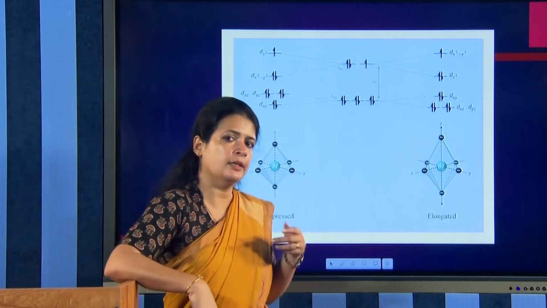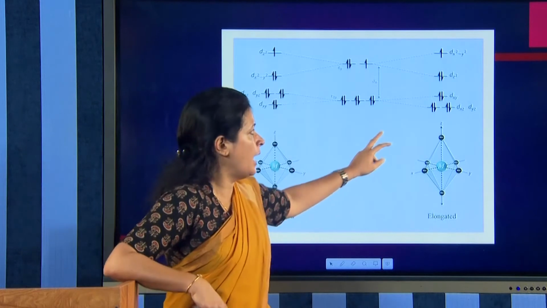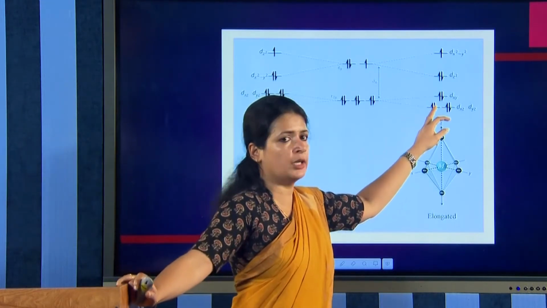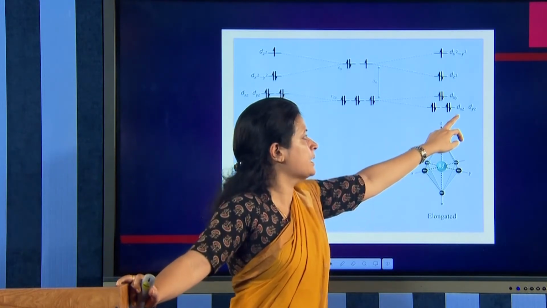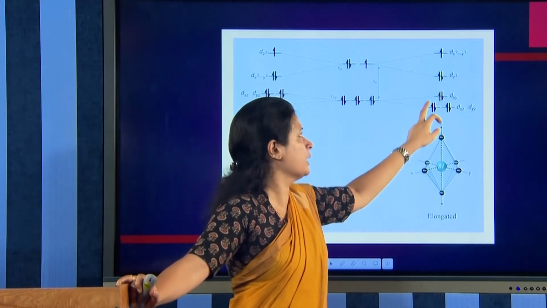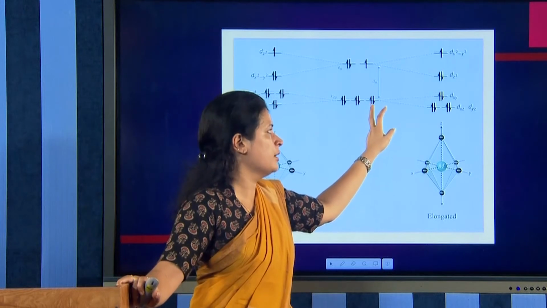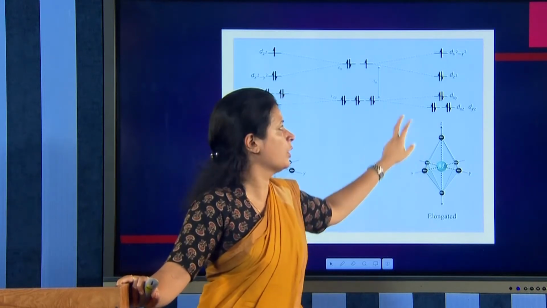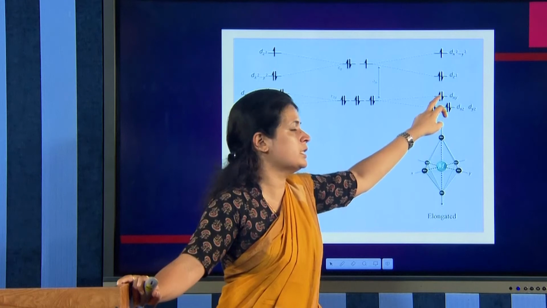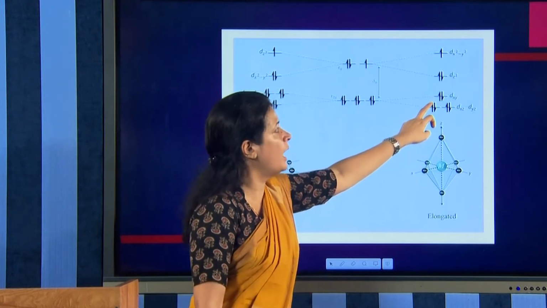That is dxz, dyz and dz square. And so, we have the Jahn-Teller distortion like this: dxz, dyz will have a lower energy, followed by dxy. Here it was degenerate, but in the case of tetragonal elongation, these two have a lower energy and this dxy has a higher energy.